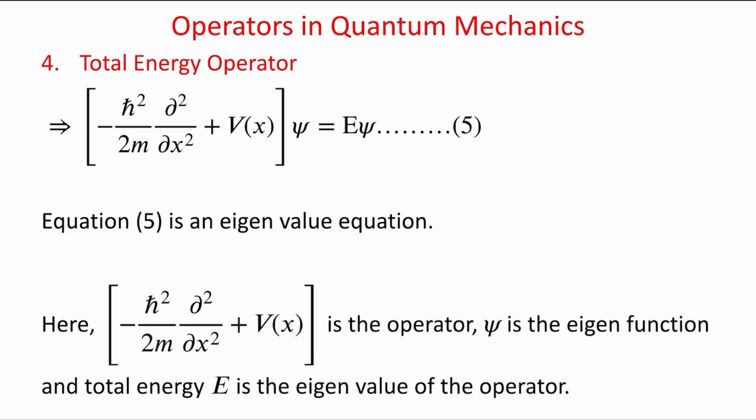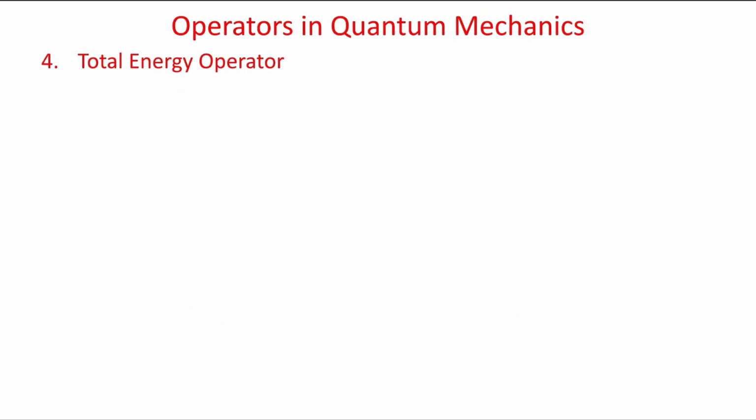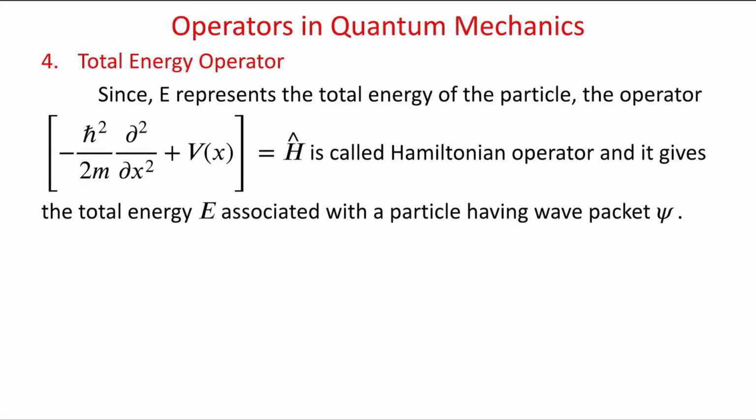Here, minus h cross whole square divided by twice m del square upon del x square plus V(x) is an operator. It operates on the function psi, which is an eigenfunction, and the total energy E is the eigenvalue of this operator.